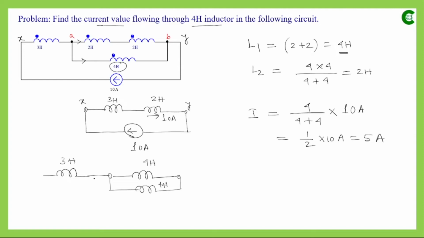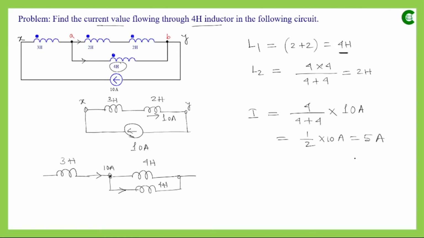Through this also 10 ampere current is flowing, and this 10 ampere current is getting divided into two parts, and we are focusing on the current which is flowing through this inductor. So here we can see that in this parallel connection both the inductors have the same value. So through each one of them the current that will be flowing will be half of the main current value. Since the main current value is 10 ampere, through each of these parallel paths the current which will be flowing is 5 ampere.